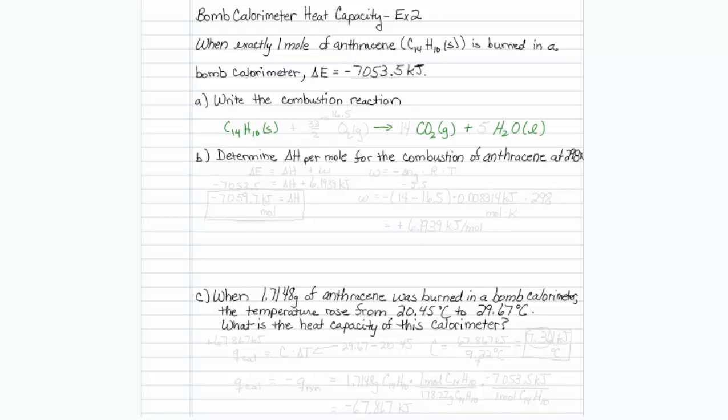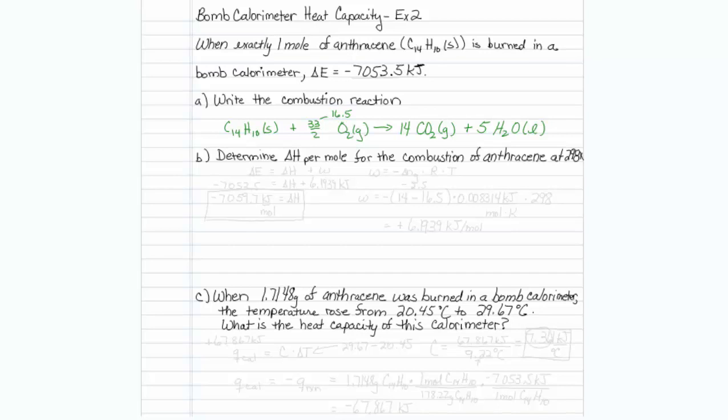So we will need 14 of these and 5 of these, and our amount of oxygen gas, when we tally it up, looks like a very odd number. It is 28 plus 5, so that is 33 halves of a mole of oxygen, which is also 16.5. Okay, that's question A. Next question.